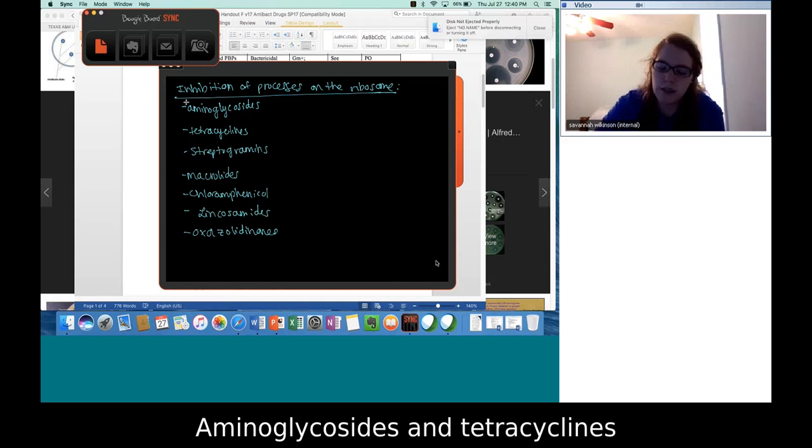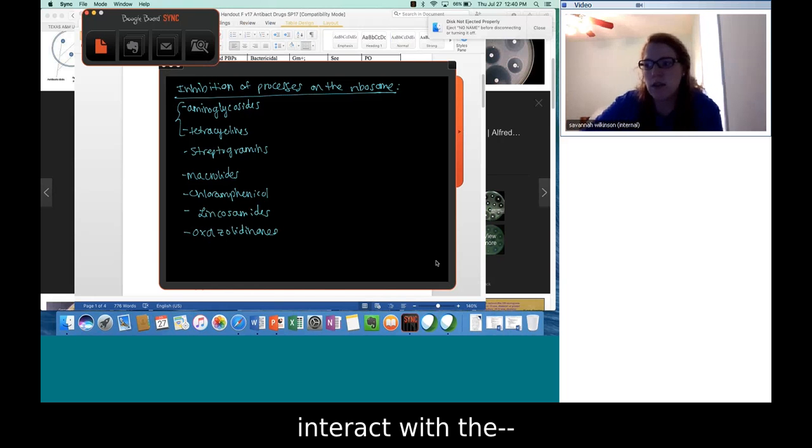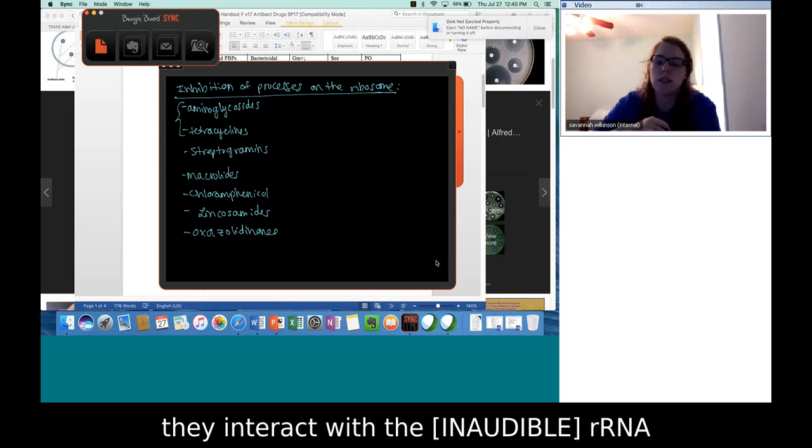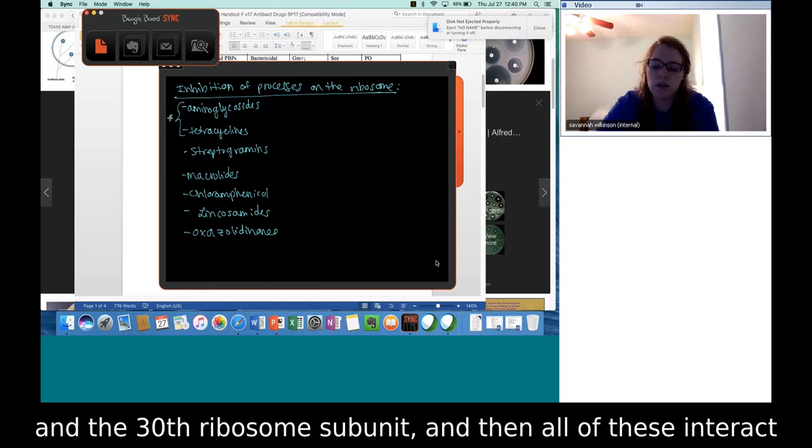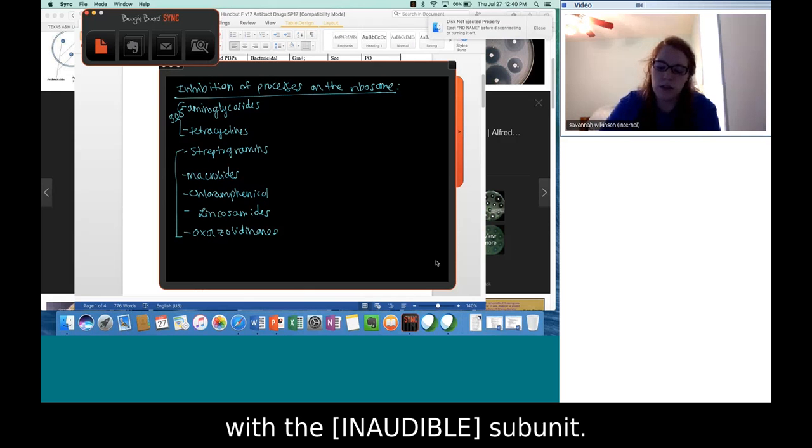Aminoglycosides and tetracyclines interact with the 16S rRNA and the 30S ribosomal subunit, and all the others interact with the 50S subunit.